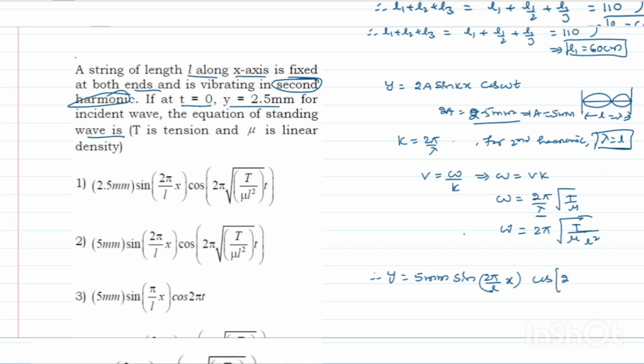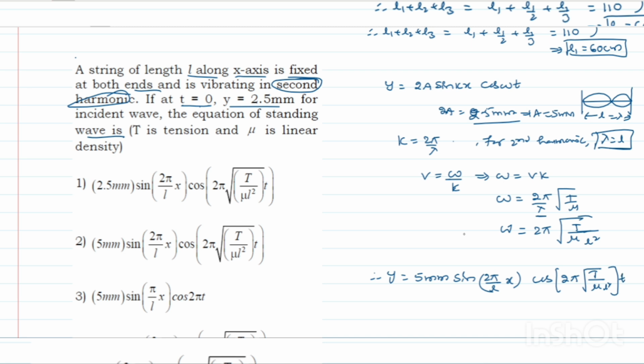So here you can take 2 pi into omega, we got omega as root of T by mu into L square, into t, cos 2 pi into t.